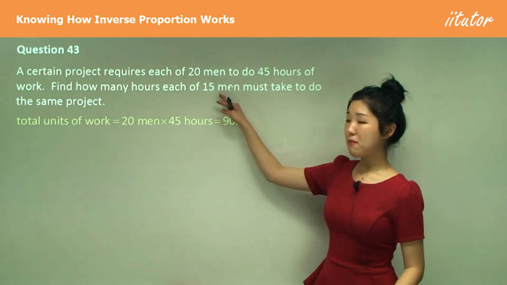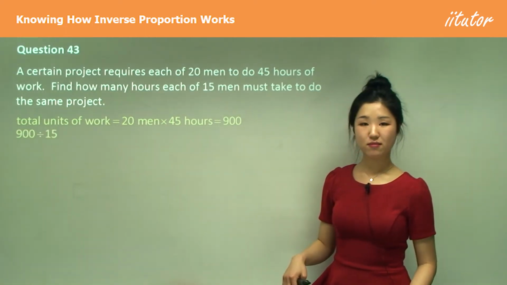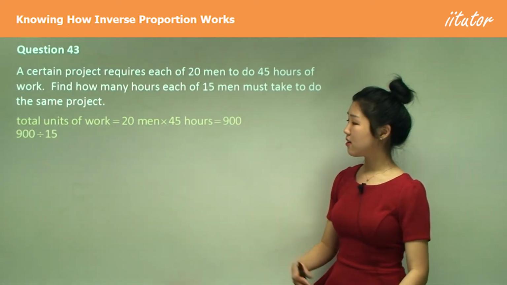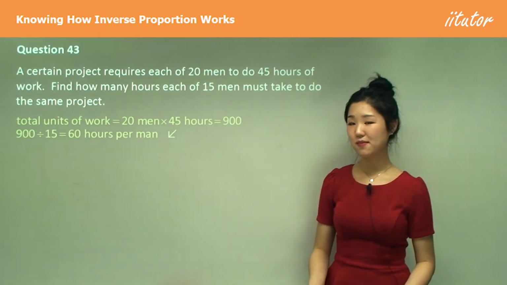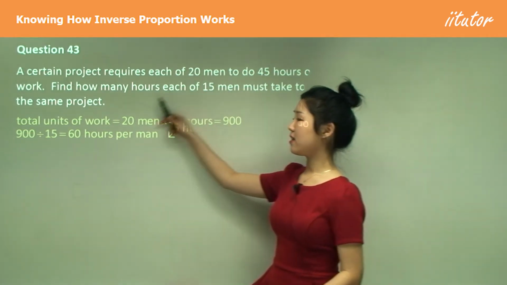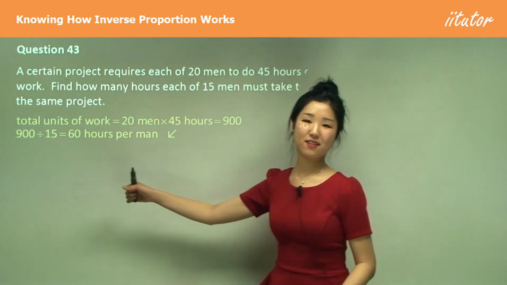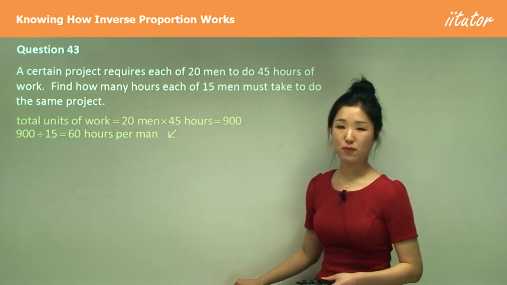But if 15 men do it, we simply divide this by 15 and spread it out evenly. That would be 60 hours per man. Makes sense, guys? It used to be 45 hours per man. Now it's 60 hours per man. So it takes more time for each man to complete this work because there are fewer people.